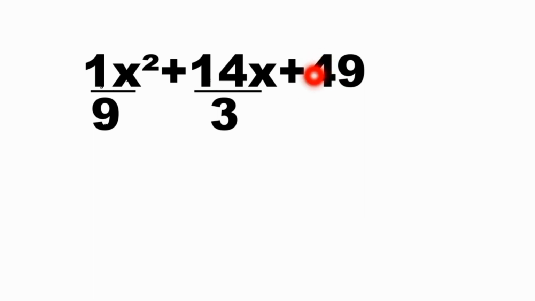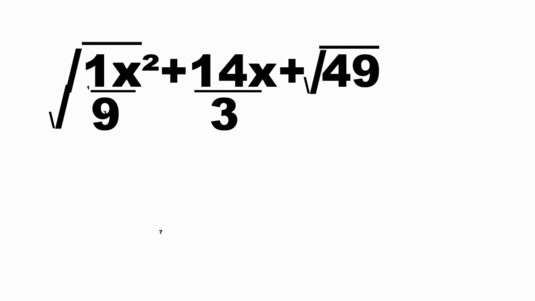We are going to get the square root. So the square root of 1x squared over 9, and the square root of 49.